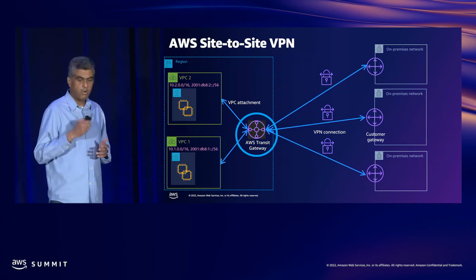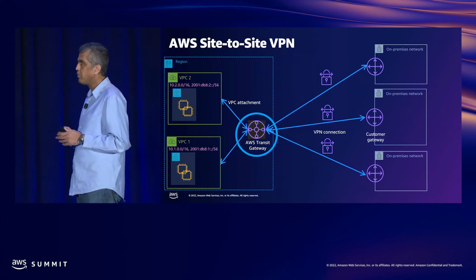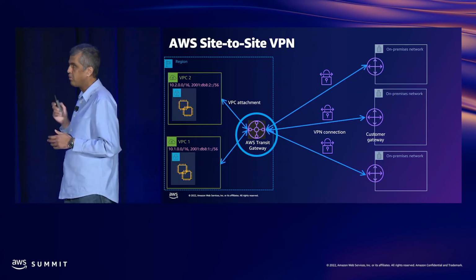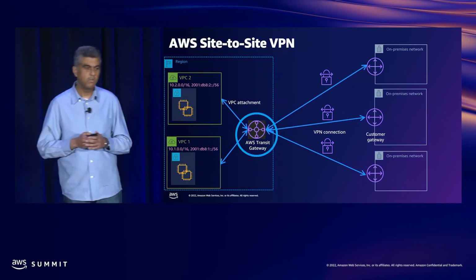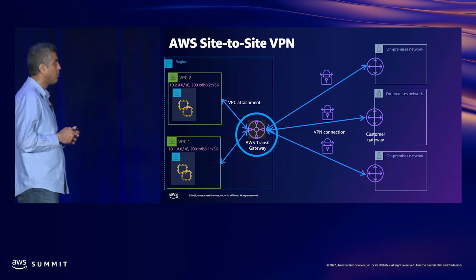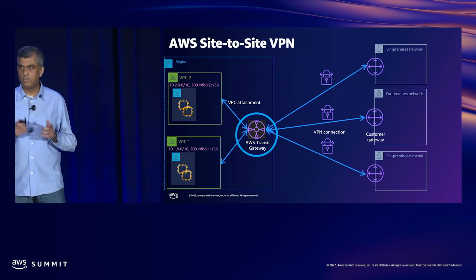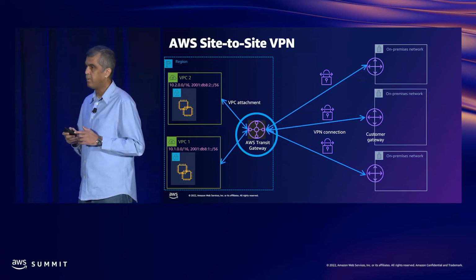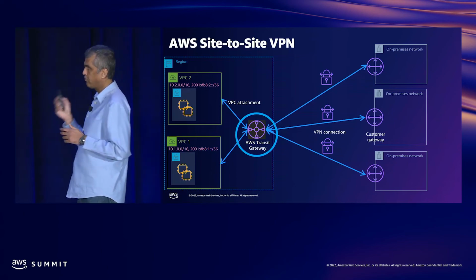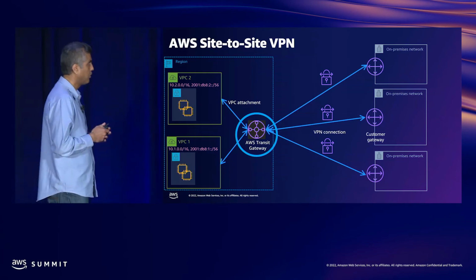And transit gateway, not only from a scaling perspective, also allows you to horizontally scale your VPN because it supports ECMP, or equal cost multipath routing. So that means you can have multiple VPNs and you can aggregate your bandwidth accordingly, because each VPN tunnel is limited to 1.25 gig throughput.